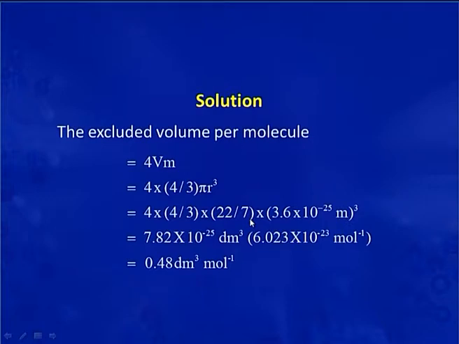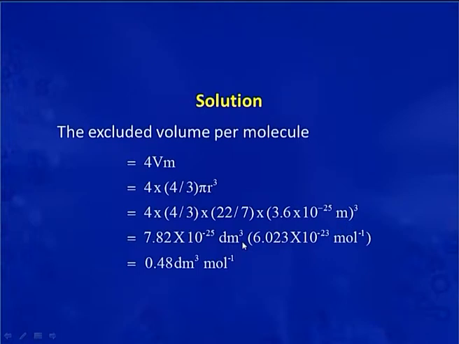You know the value of pi, that is 22/7. So, when you put this value here, you get 4 into 4/3 into 22/7 multiplied by 3.6 into 10 to the power minus 10 meter whole cube. So, you get the value, it is 7.82 into 10 to the power minus 25 dm cube.